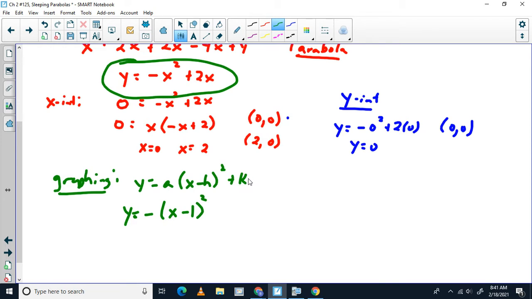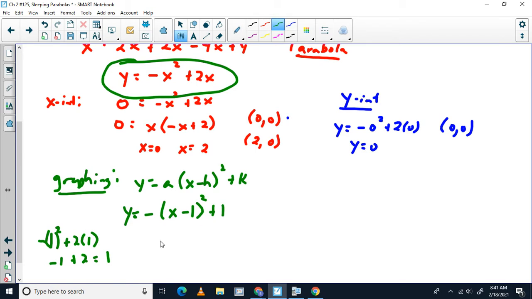So to find our k value, or the y part of the vertex, I'm going to plug 1 into my equation. So if I did -1, and then I squared that 1, or the opposite of 1 squared, 2 times 1, well, that's going to be -1, because keep in mind it was this situation, plus 2, which means I'm going to have 1.